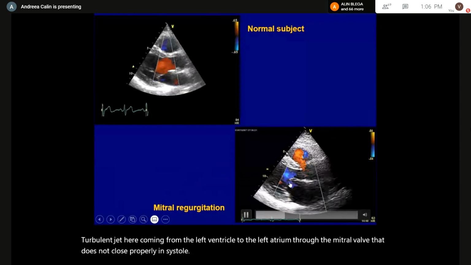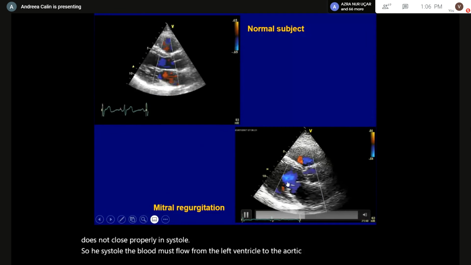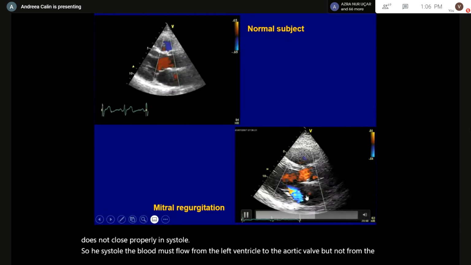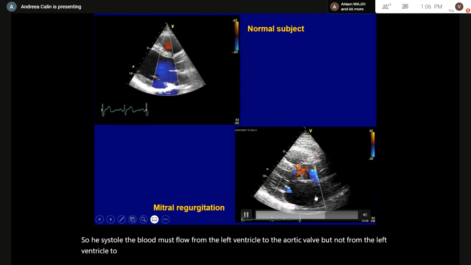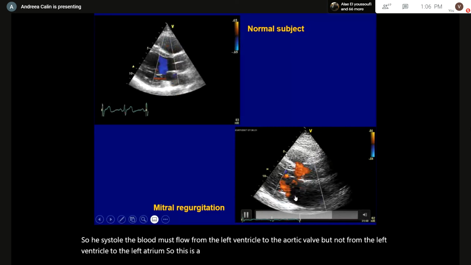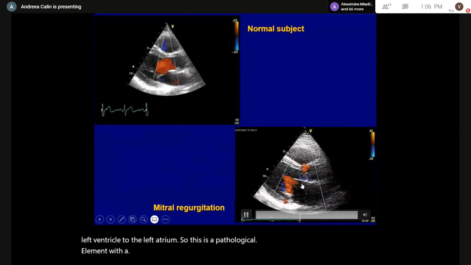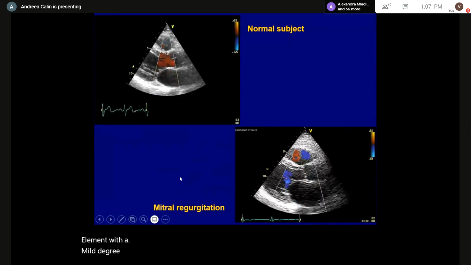So in systole, the blood must flow from the left ventricle to the aortic valve, but not from the left ventricle to the left atrium. So this is a pathological element with a mild degree of mitral regurgitation.